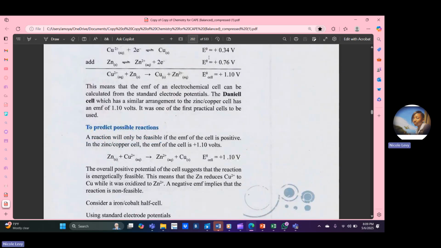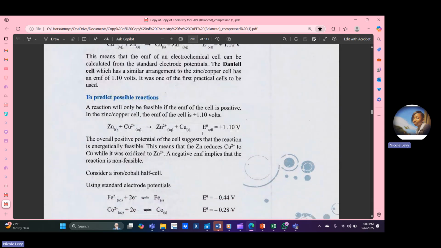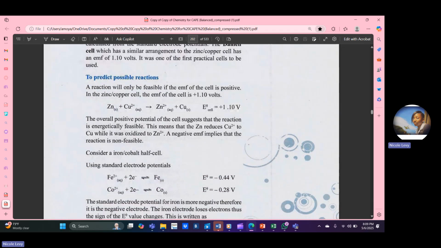So if we had added both of these and got a negative number, it would tell us that the reaction or that half cell cannot be used because it's not going to give any reaction. So the overall positive potential of the cell suggests that the reaction is energetically feasible.